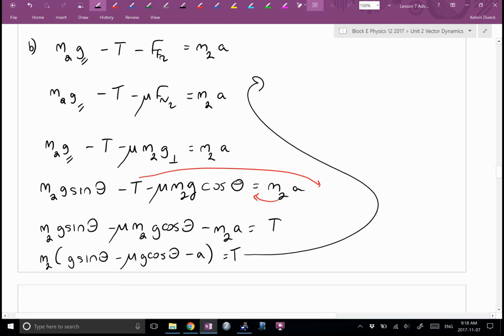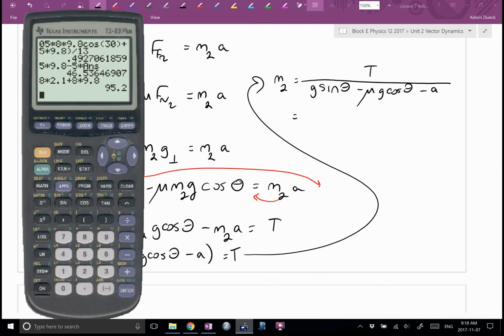I have to do this up here now. How would I get the M2 by itself? It's going to be the tension all divided by G sine theta minus mu G cos theta minus A. What was the tension? 95.2.